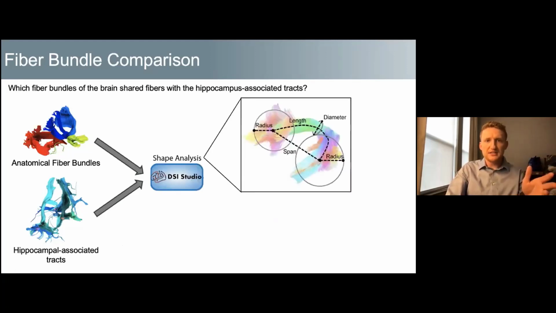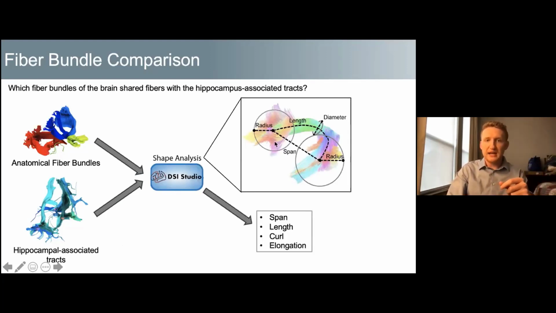A shape analysis involved providing shape parameters to describe these fiber bundles, such as span, length, curl, which isn't shown here but describes how curvy the fiber bundle is, and elongation, which is also not shown, but relates the length to the radius and describes how skewed the fiber bundle is.